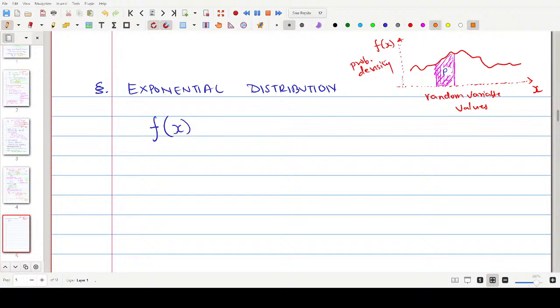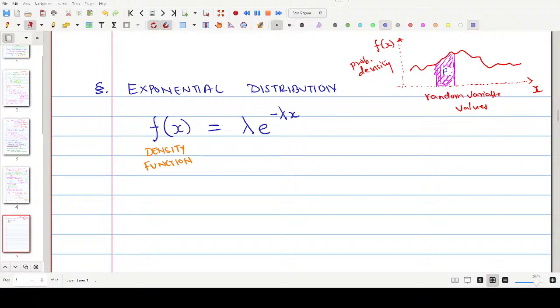So what is f of x? This is the density function. This is the y-axis value. The density function is going to be lambda multiplied by e to the power of negative lambda x.